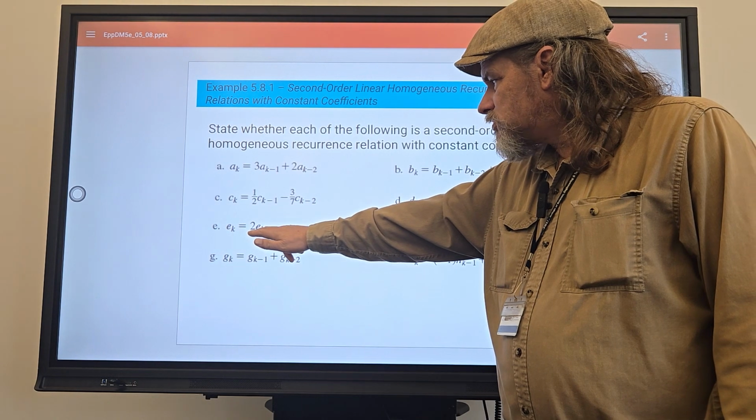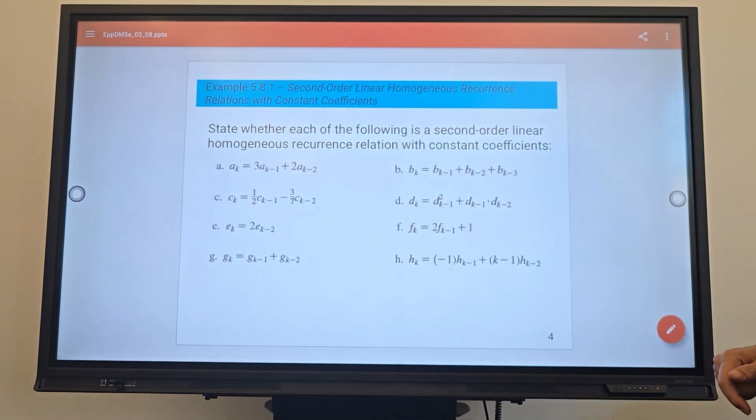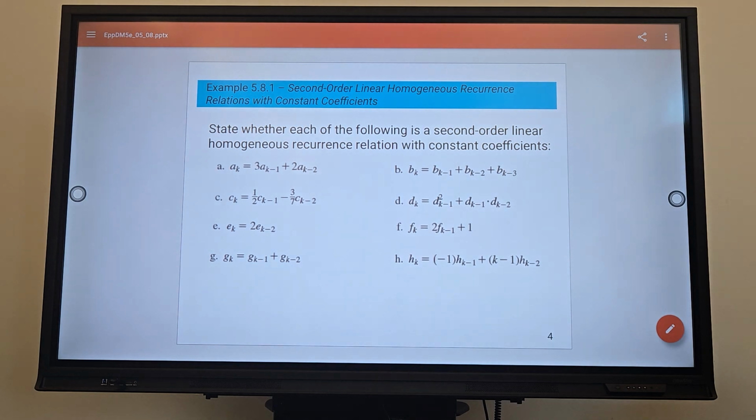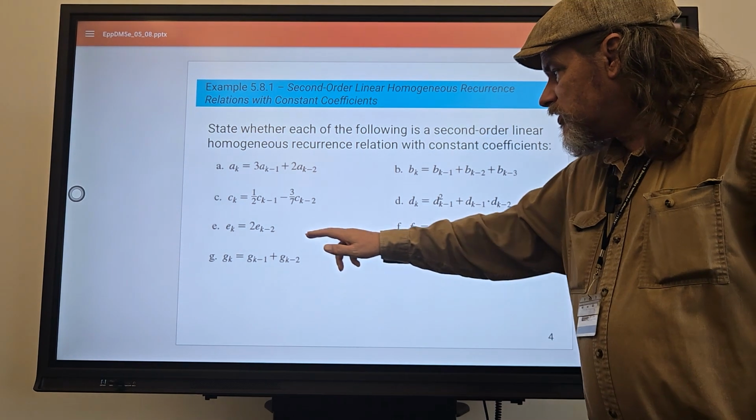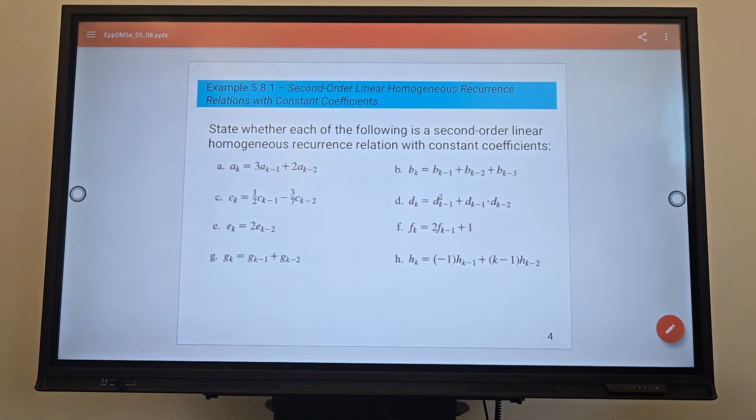E sub k equals 2 E sub k minus 2. Well, even though it's only one term, it does satisfy the requirements. It's just that A is equal to 0, and the first term is therefore non-existent. But B does not equal 0, so it's allowed. So yes, it is a second order. It satisfies the requirements.